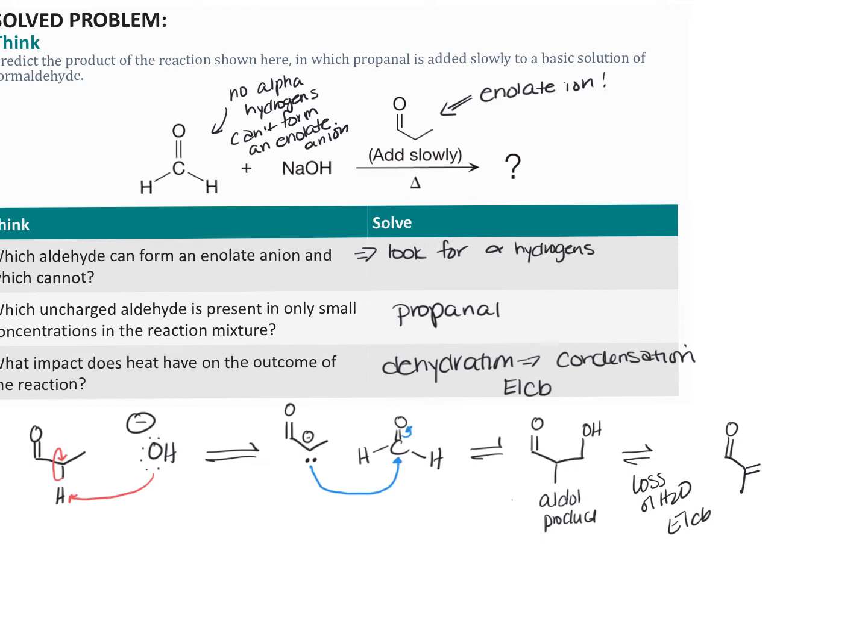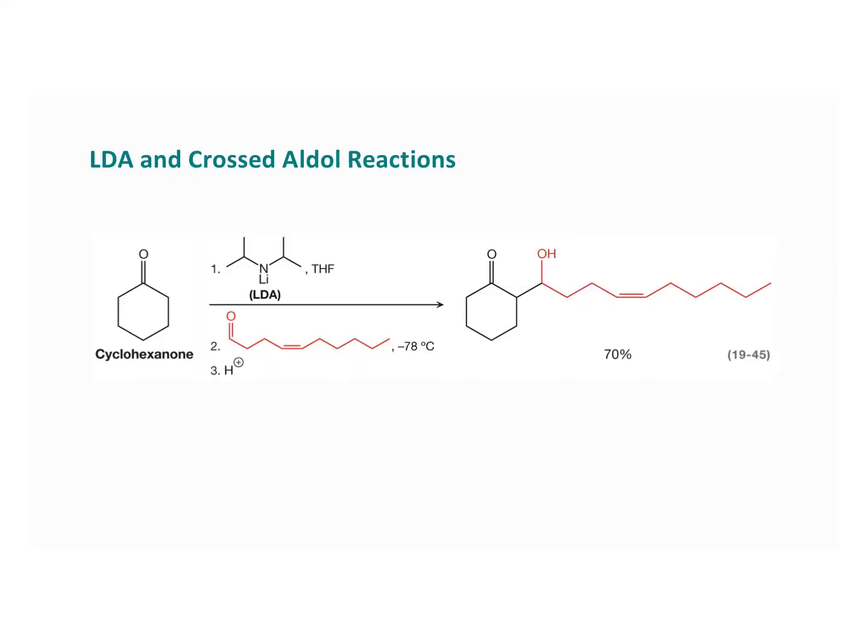All right. Now, there's a couple different ways that we can carry out an aldol reaction. A second way to do this is to use a really strong base like lithium diisopropylamide, which is LDA, the structure of which is shown there, to generate the enolate anion. And this is shown in equation 1945.